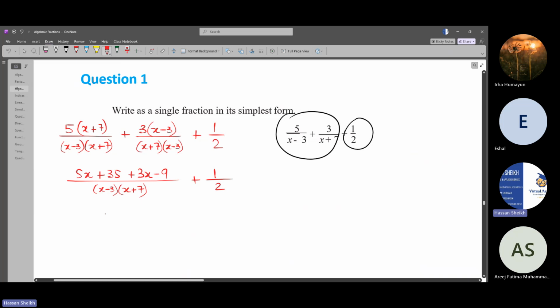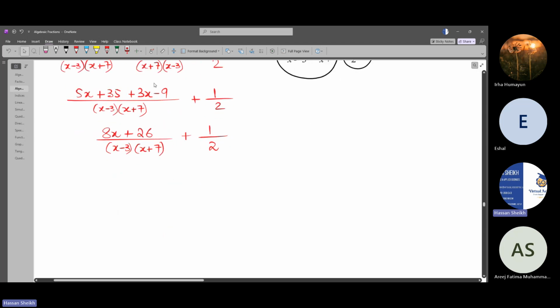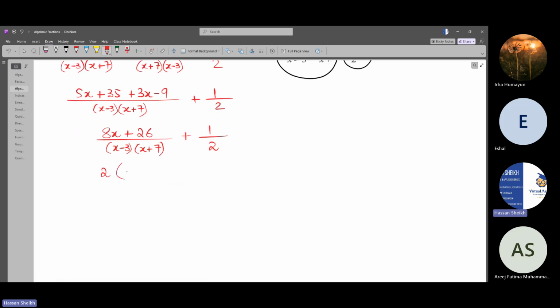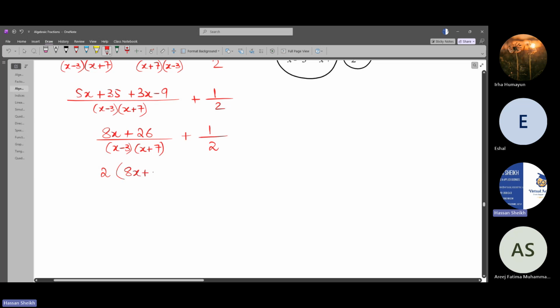So what is 5x plus 3x? Is that 8x? What is 35 minus 9? Is that 26? Now again we have two fractions and their denominators are not the same. So we make them the same by multiplying the first fraction with the denominator of the second fraction in the numerator as well as in the denominator.